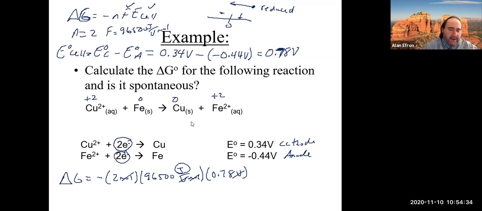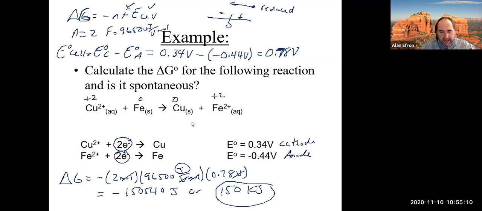Since we got a positive value for our E of the cell, we would expect a negative value for our delta G, and we do get a negative 150,540 joules, or if we clean it up a little bit, about negative 150 kilojoules in this particular case. And again, these both would be negative.